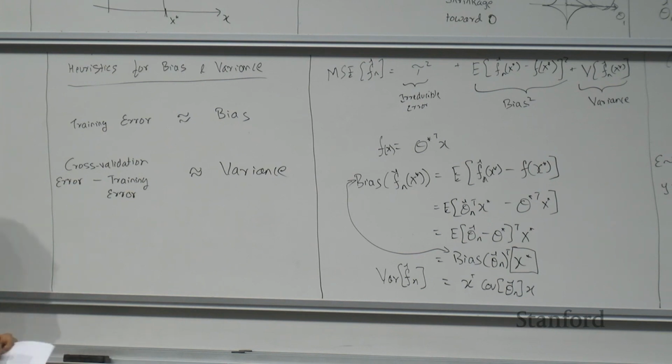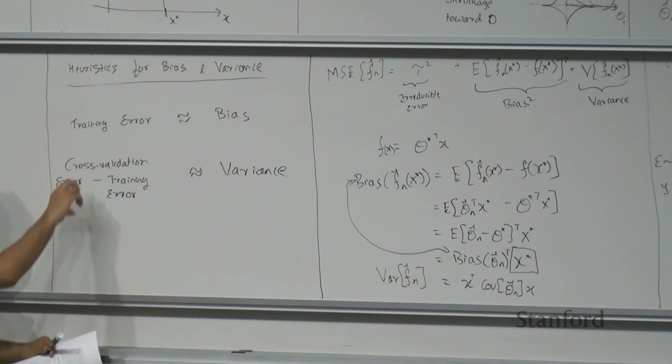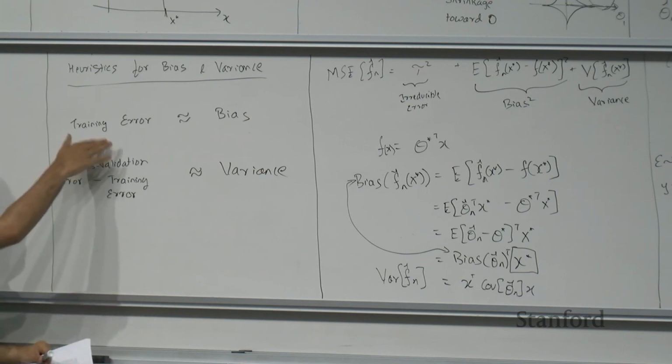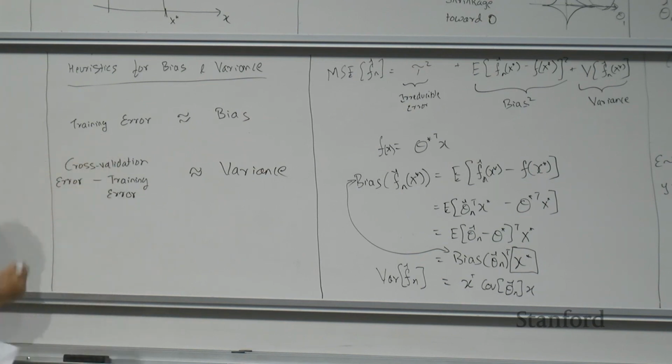And the way you go about making that decision is to see which of these two is like the larger evil. Is your training error so large and the gap between your cross-validation and training error so small that you better go after your bias first, or maybe to fight bias is probably the better term.